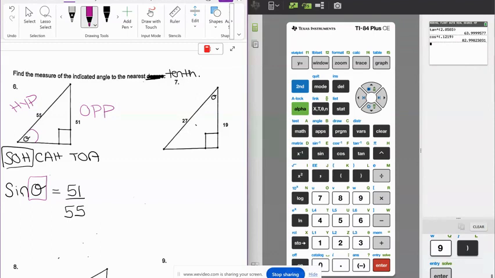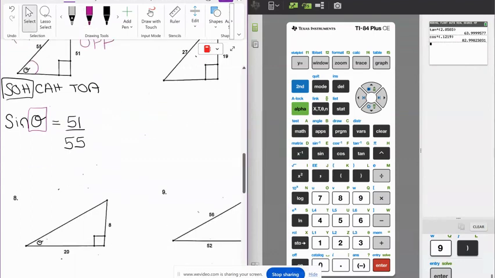We're going to do the inverse of sine on both sides, and what we end up getting is theta is equal to the inverse of sine of 51 over 55. I'm going to show you how to type this into your calculator just like that. Is everyone caught up?